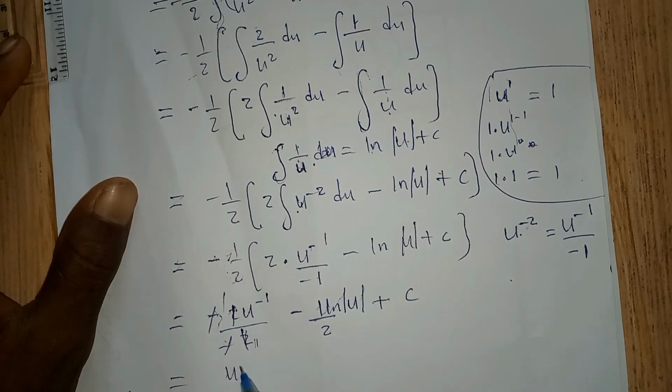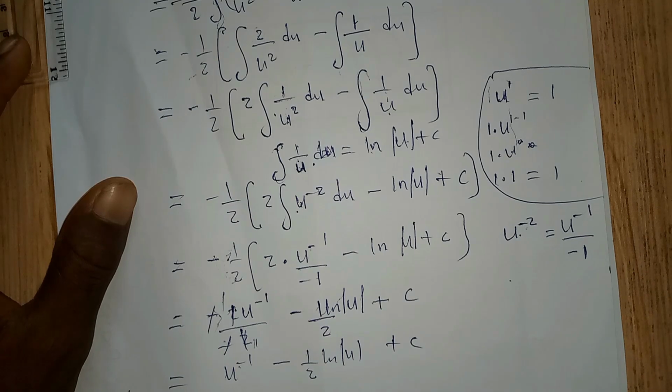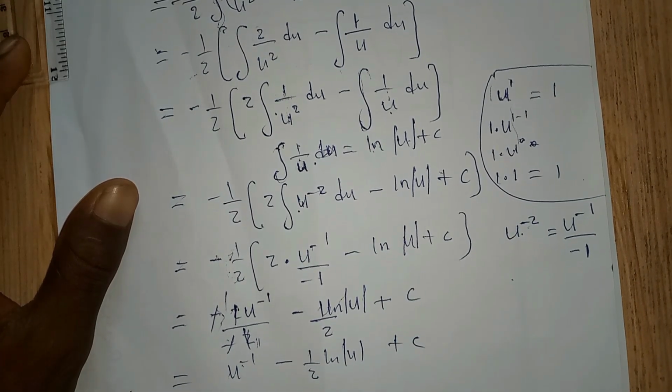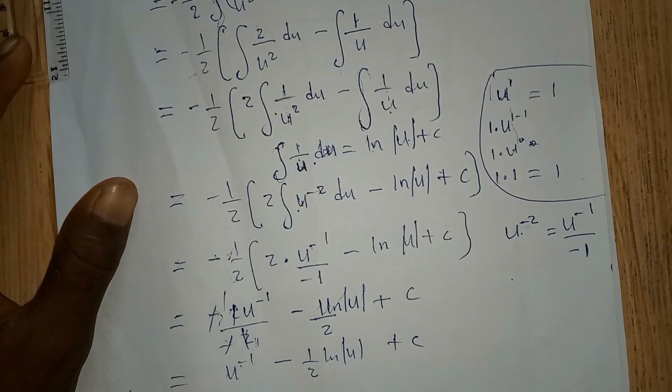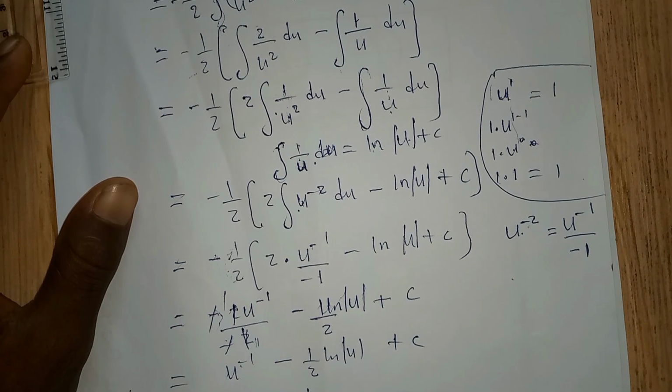So you have u raised to the power minus 1 minus half ln u plus c. This u raised to the power minus 1, from the rule of indices, can be written as 1 over u, then minus half ln u plus c.